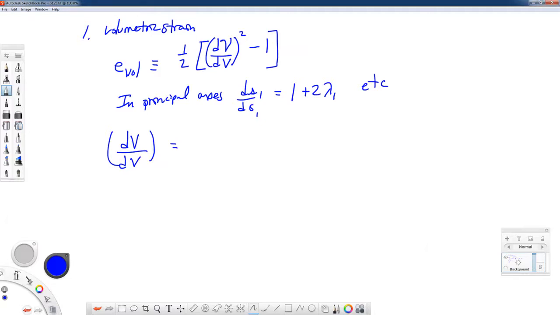And this term right here is actually squared. So this term squared would be 1 plus 2 lambda 1 times 1 plus 2 lambda 2 times 1 plus 2 lambda 3.